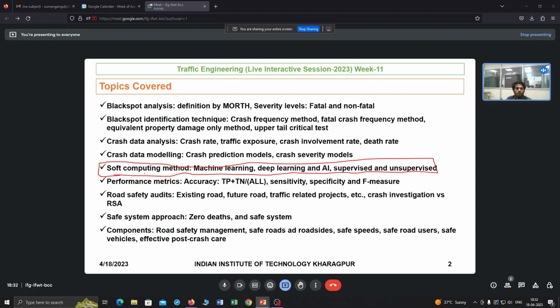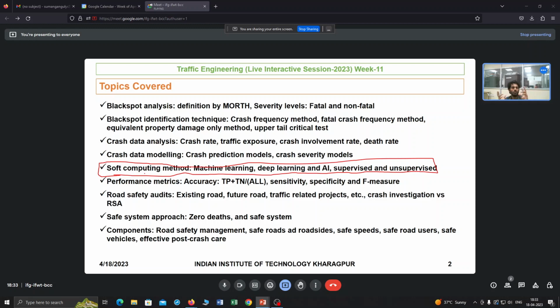Generally, suppose we have some data set, we divide the data into training and test. Suppose 70% or 80% we use to train the model, and then 20% we use to check the accuracy. One of the measures is accuracy. Based on the 20% test data labels, I already know which are the true positives and which are the true negatives.